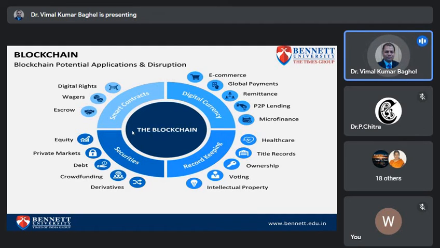So we can create a private marketplace over the blockchain that will host some of the non-fungible type of products, for example, some specific exclusive art, or some old collection of coins, or maybe something which is unique in the world. That can be available only on that private marketplace, which we can host on the blockchain.